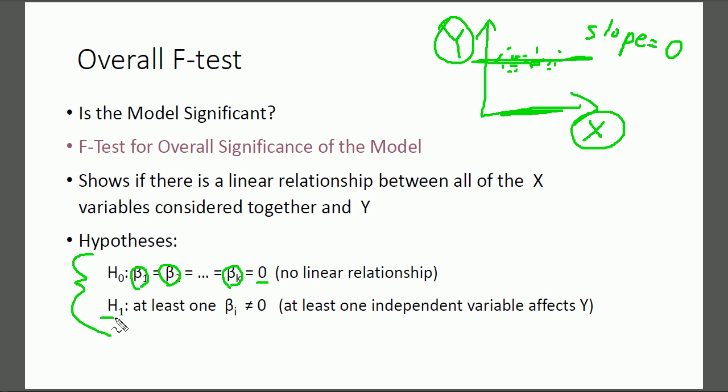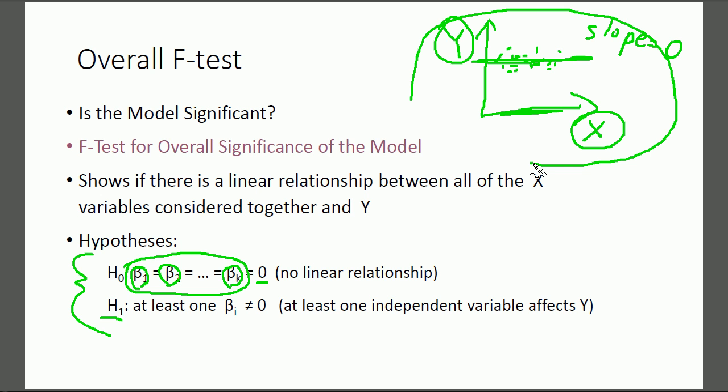The alternative hypothesis is saying that at least one of these partial slopes is not equal to 0. In other words, it could be negative, it could be positive. It's just not this situation where there is no relationship. So in words, at least one independent variable affects y. Okay?